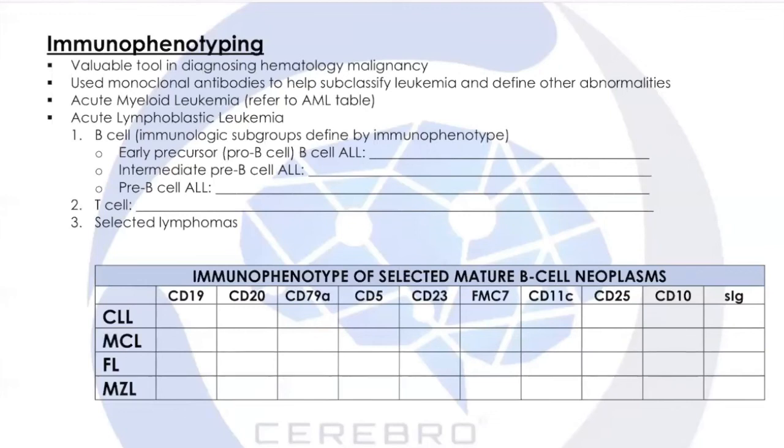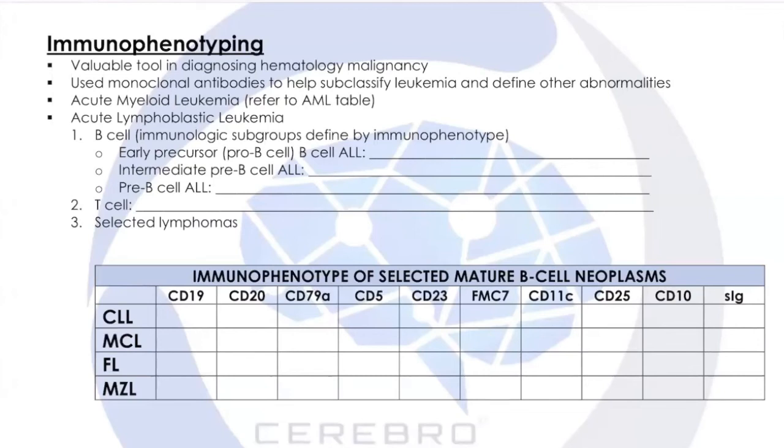So it's very important that we know what the different clusters of differentiation are present in a certain cellular population. This is a very significant tool in diagnosing blood malignancies, especially leukemia. So we use this in subclassifying leukemia.